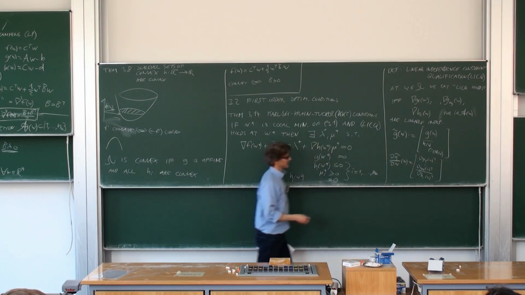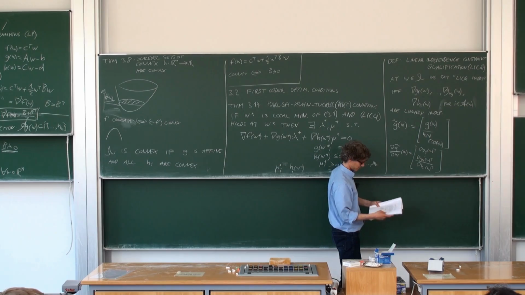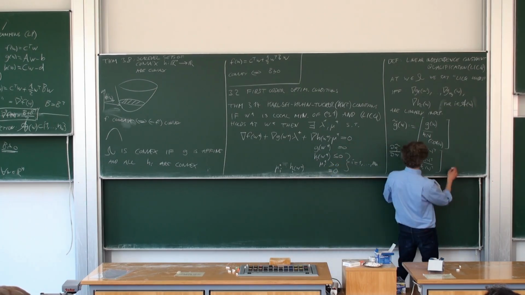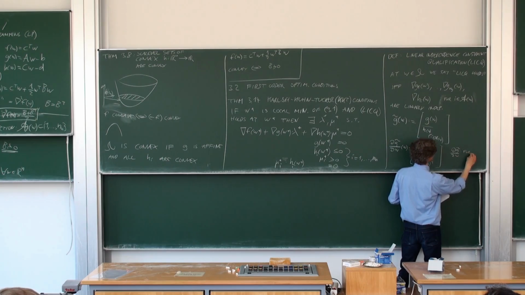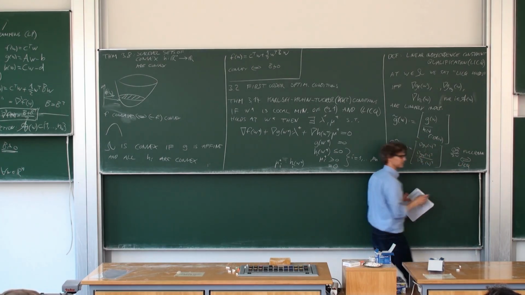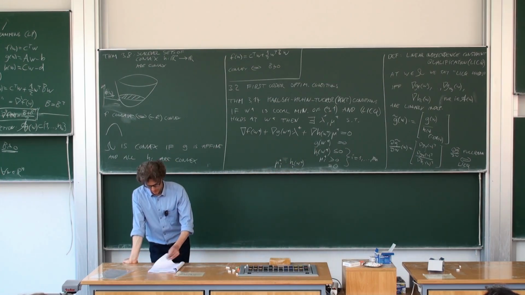And you see that this matrix is actually telling you everything about LICQ. So this matrix should have full rank. So this dg tilde dw having full rank is the same as saying LICQ holds. Okay? So relatively quick.